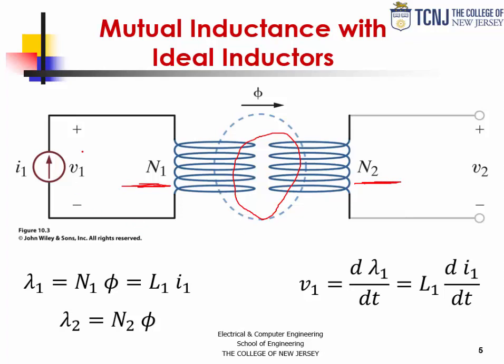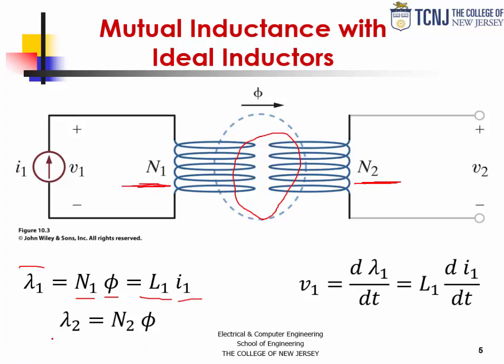So we can force a current on the primary, and we're going to have an induced voltage on the secondary. We can write equations like we had before for each side, and we have that the magnetic linkage on the primary side is equal to the number of turns on the primary times the magnetic flux, and that is of course equal to the inductance of the primary winding times the current on the primary.